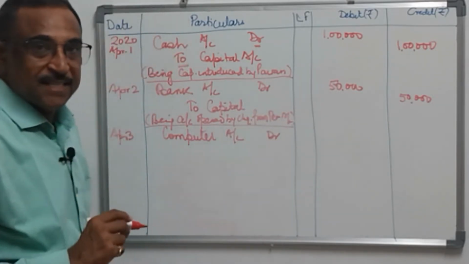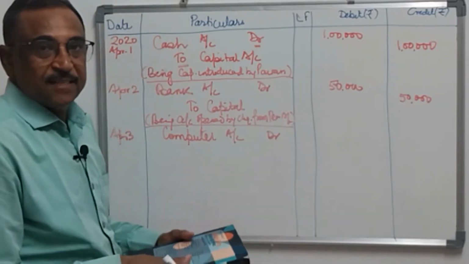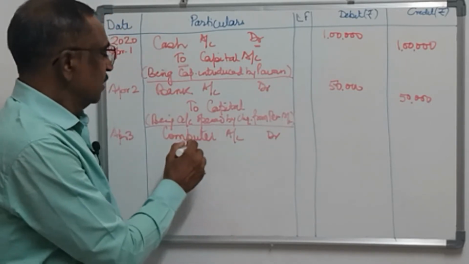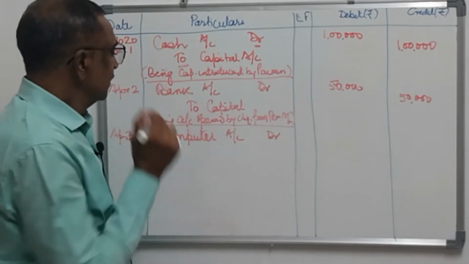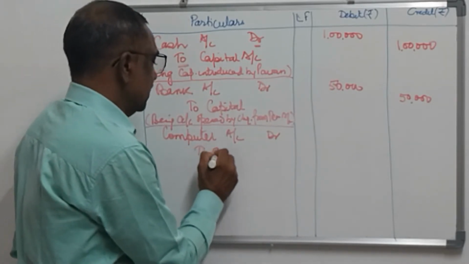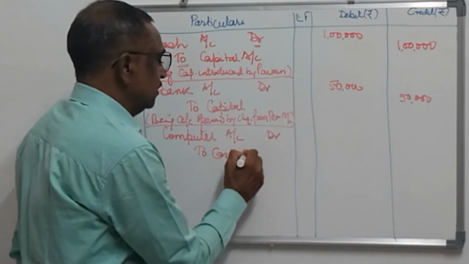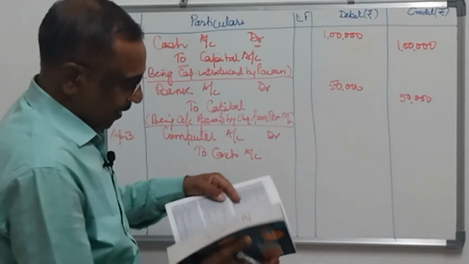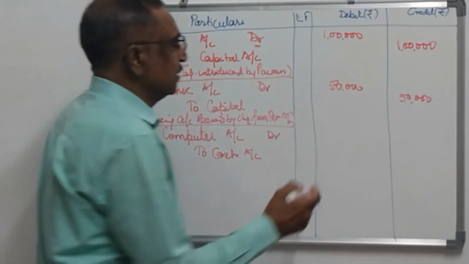Computer is your asset, and asset is real account. What comes in is debited. So your business is getting computer. To cash. Cash is also real account, and cash is going out. Amount is 20,000.